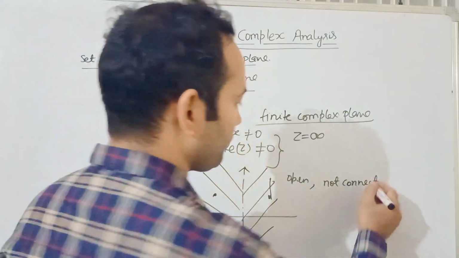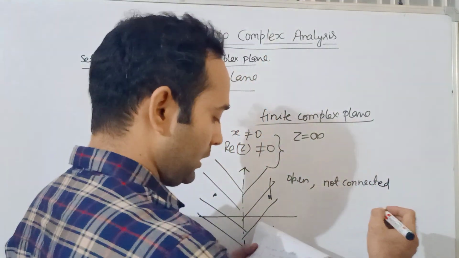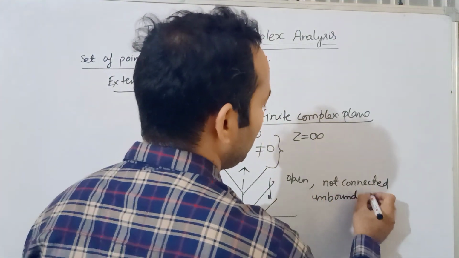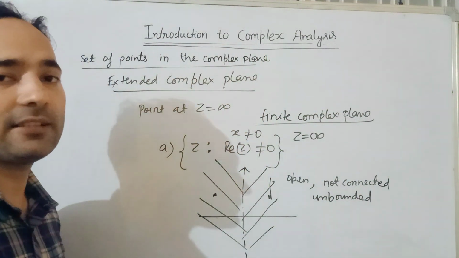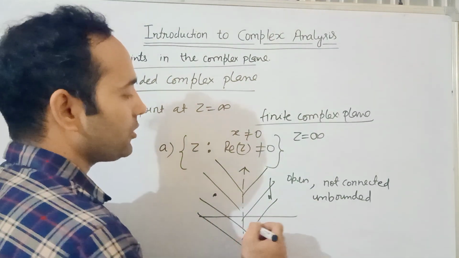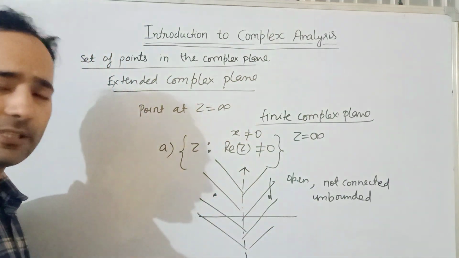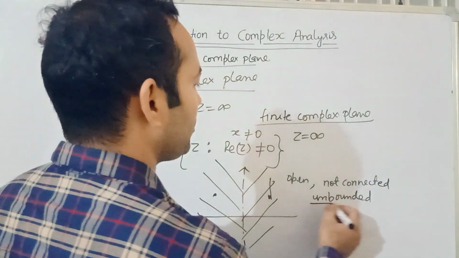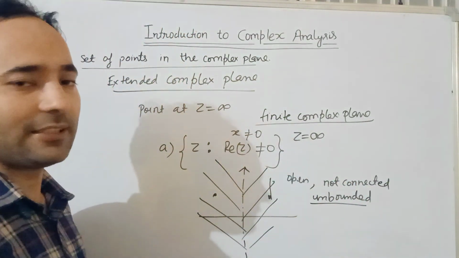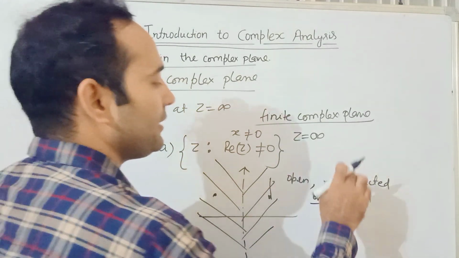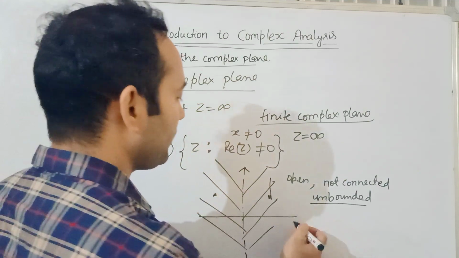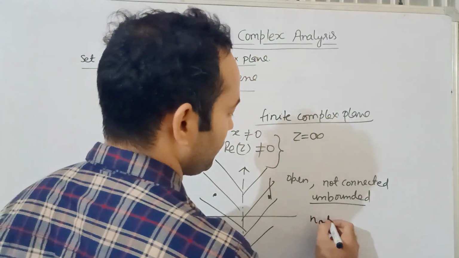Not connected and unbounded. For a domain, you have to classify them either as domain or region. So this is not a domain, but it can be a region. Whether it is bounded or unbounded doesn't matter. It has to be open and it has to be connected for it to be classified as a domain. So this is not a domain.